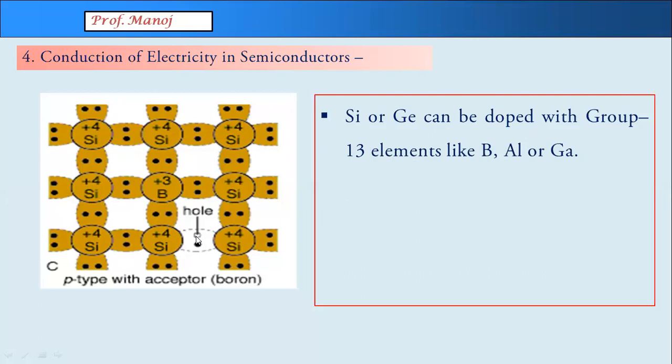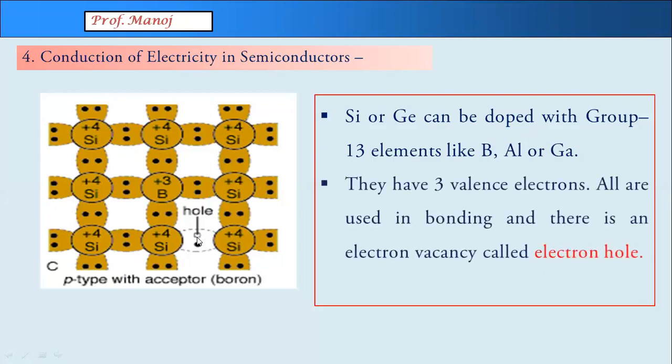That means this is a vacancy for electron. Now this will create what is known as the positive type semiconductor or p-type semiconductor. Because in electronics, they consider the hole as positive charge. Electron is a negative charge. So absence of electron is taken as the positive charge.